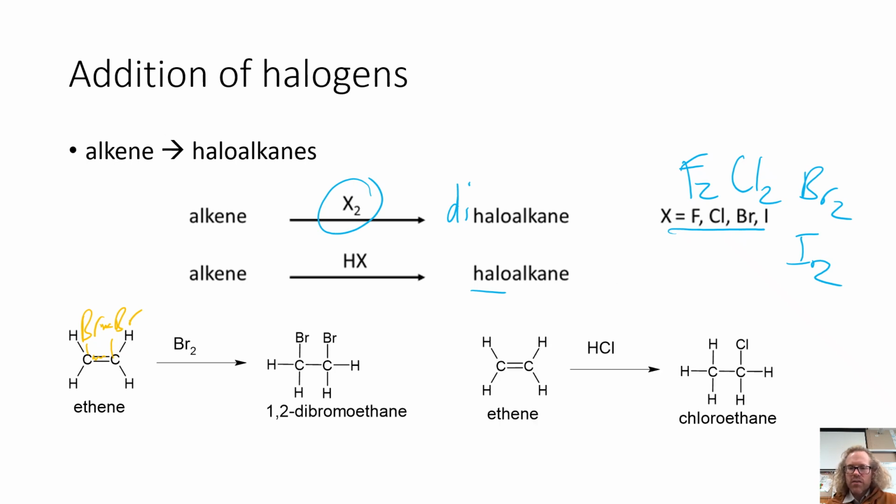Whereas if you've got this case here, we've got an H and a Cl. So the H will go to one of the carbons, Cl will go to the other, as you break that double bond to form two new single bonds. So it's just chloroethane. To make dichloroethane, you would add Cl2 instead.